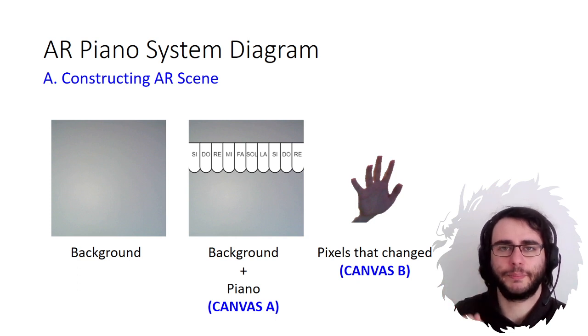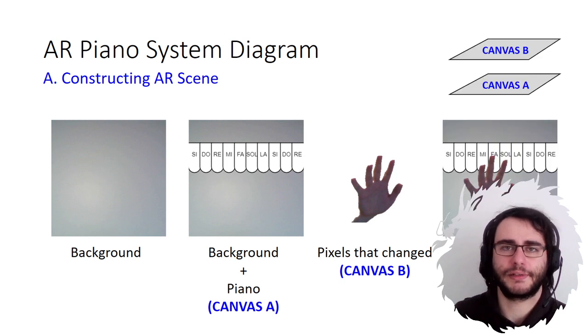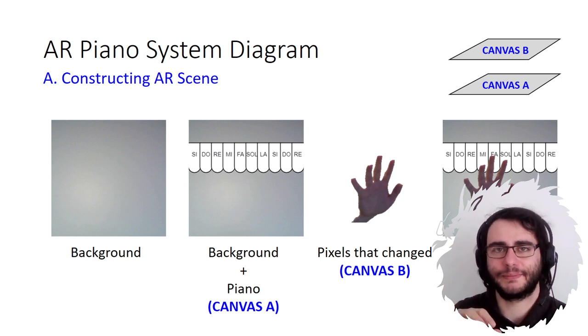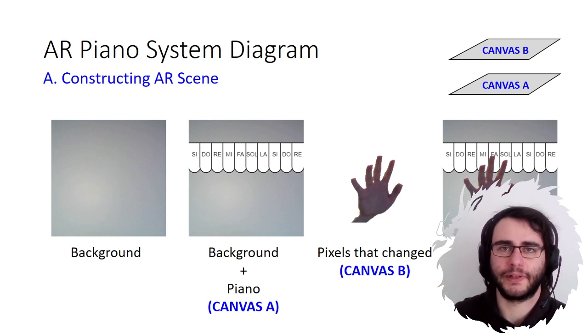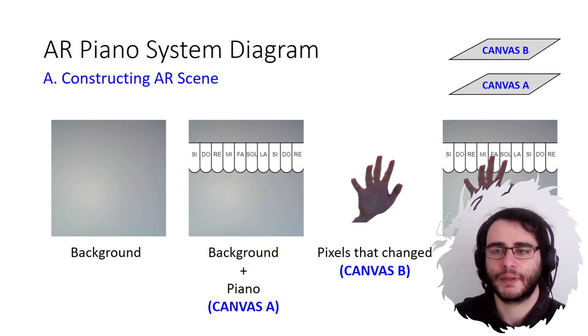And then on top of this, we are going to use a canvas layering technique. So we're going to have multiple canvases here and only show the pixels that change on top of this piano. That's going to give the impression that, okay, I see the background, it's my table or whatever, and then it has the piano elements there, the artificial components, and then the hand is going to look like it is on top of that, because we are keeping these pixels that are changed.